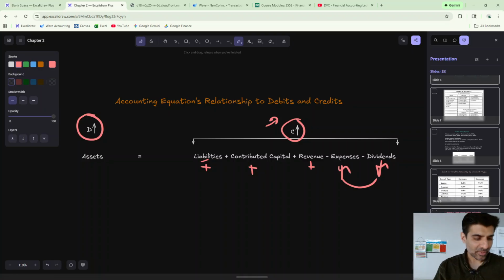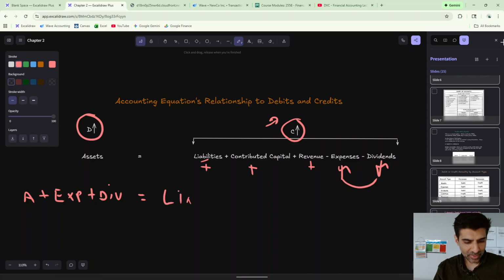So we can rearrange this. We can basically say assets plus expenses plus dividends equals liabilities plus contributed capital plus revenue.